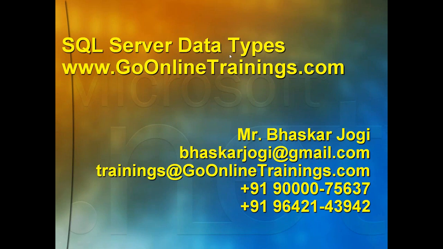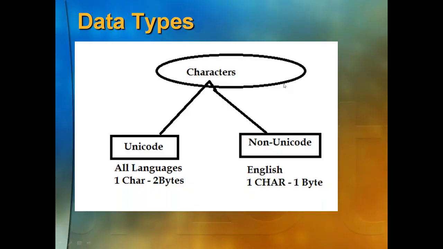What are the data types that we have? When you learn C or C++, Java, .NET, every programming language has this topic, data types. Clear? Not only SQL Server, Oracle. All the programming languages as well, Android, C, C++, Java, Python, .NET, whatever you learn tomorrow, it has data types. Clear? So let us understand this.